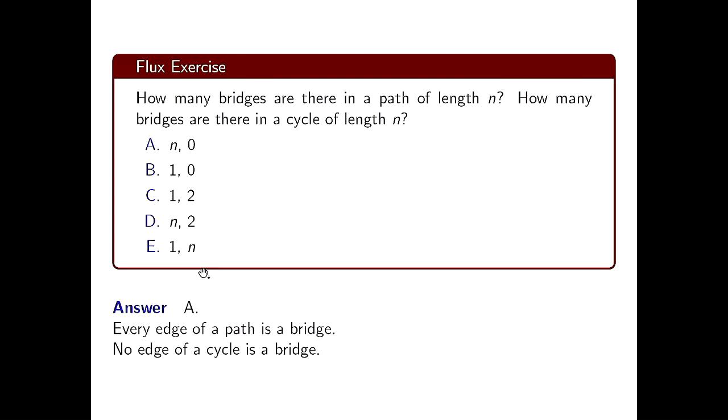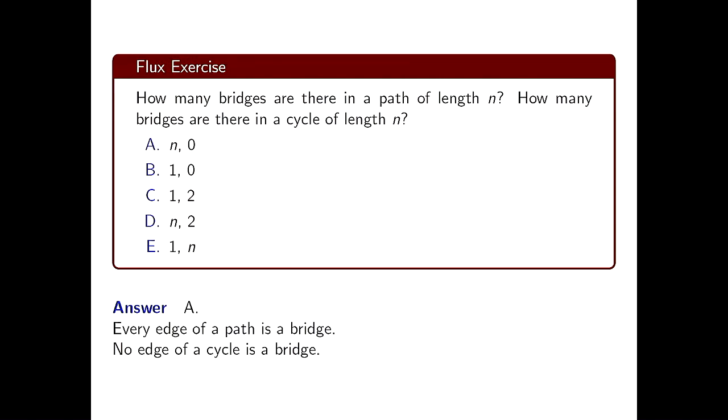I think the answer here is A. Because if you think about a path all spread out here, anything I take from that path will disconnect it. It'll split it in 2. Even if I take an edge on one end, I'll have a single vertex over here and the rest of the path here still disconnected.